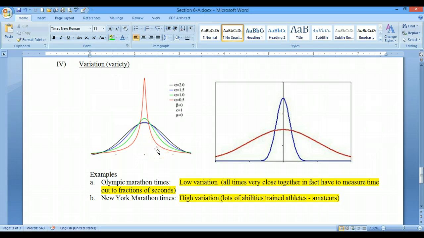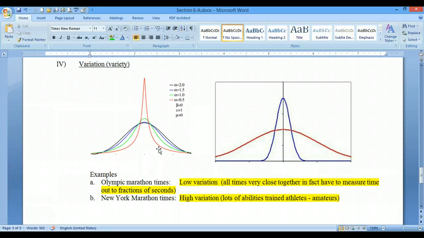That's a very small or narrow range. But if I have a very wide peak, then my data is spread over a much greater range, and therefore I have a much wider variety versus this very narrow one where my variety is only from here to here. So the variation is very small.